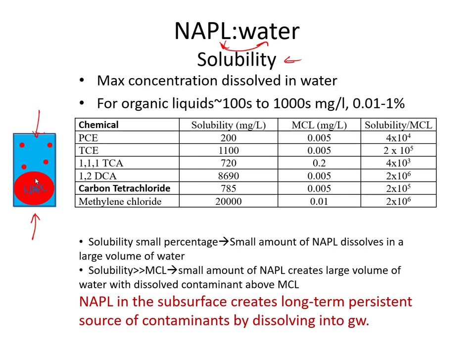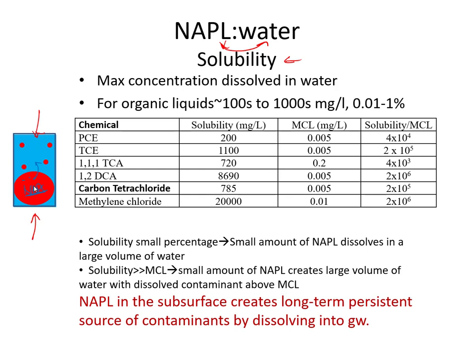Then some of these molecules of NAPL are going to partition into the water and dissolve. We let this go to equilibrium, and then we measure the concentration in the water, and that's the maximum concentration that we can get if the NAPL is still present.